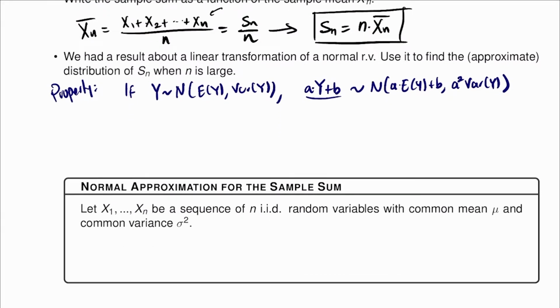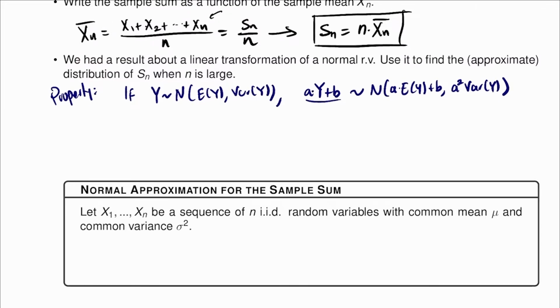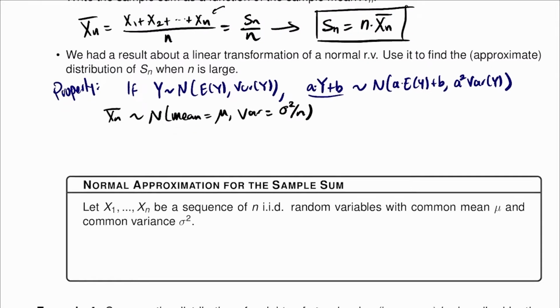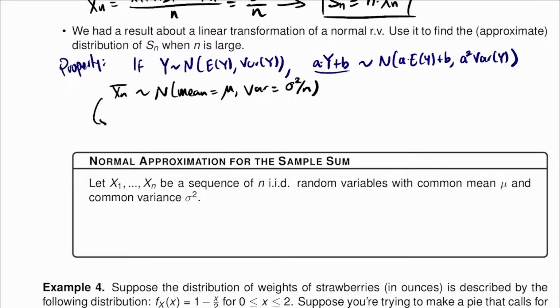Now we can use it to find the distribution of the sample sum. We have that the sample mean is normally distributed with mean mu and variance sigma squared over n, right? That is the central limit theorem. So n times the sample mean is the sample sum Sn.